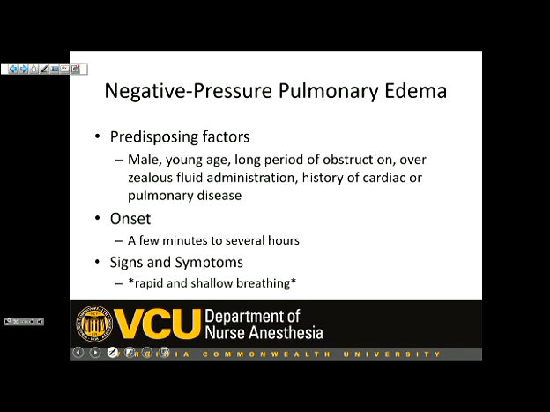Predisposing factors, a lot of this you will see kind of lines up with a person. Obviously, people are already kind of sick at baseline. They already have other risk factors for pulmonary edema in general, in terms of their permeability, in terms of their left heart function, etc. This creates a big increase in, this is you suck in abruptly and you kind of suck fluid.